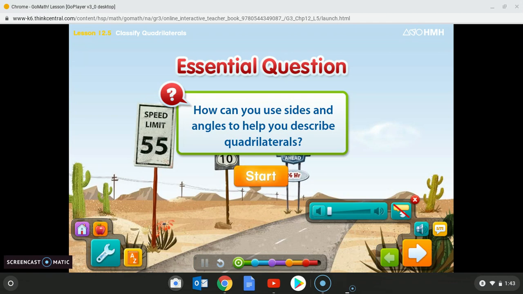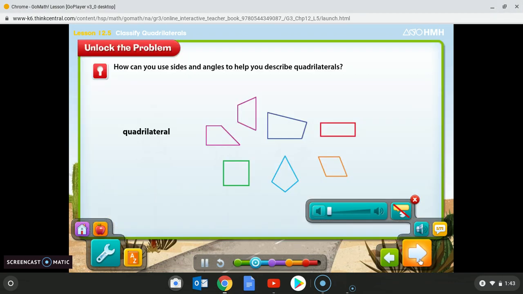But today we are going to specifically start talking about quadrilaterals. The reason being, there is more than one type of quadrilateral. A lot of quadrilaterals actually have specific names that we need to learn and understand.